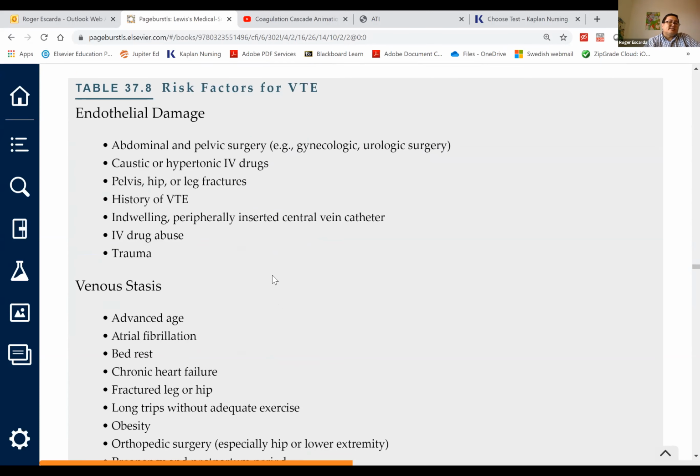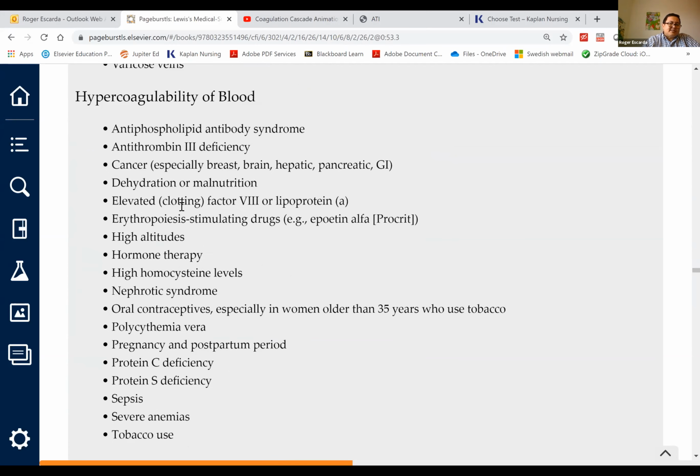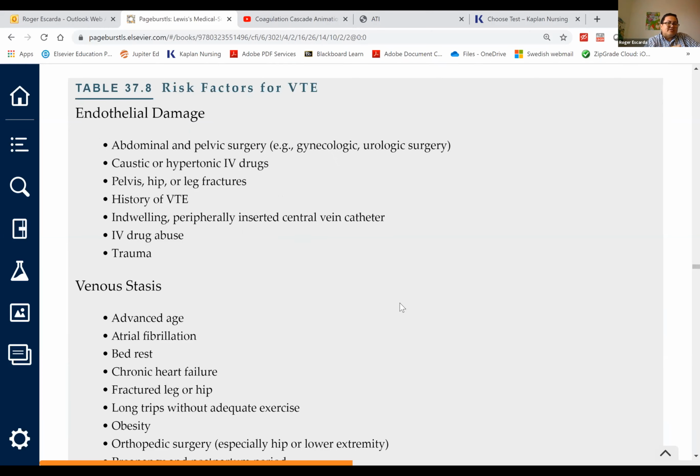They put points for each of these. Imagine putting these bullets into a table with points for each one. If the patient scores 2 or more, they have a high risk for VTE. So let's say the hospital puts 70 years old: that's 1 point right there. If they have AFib, that's another point. So now you have 2 points with those 2 alone. You see where I'm going?